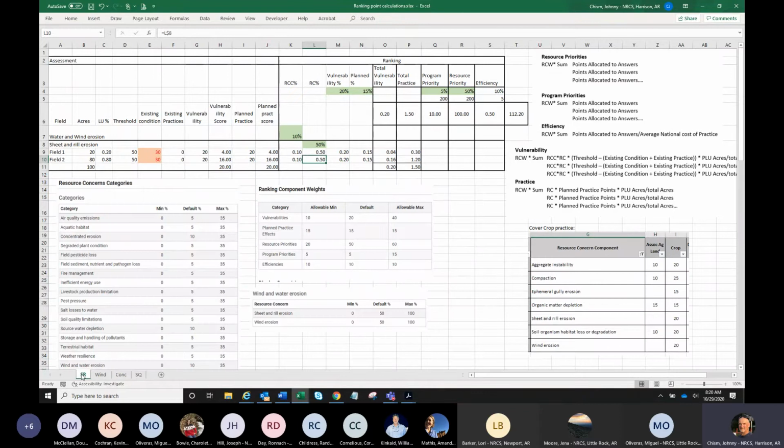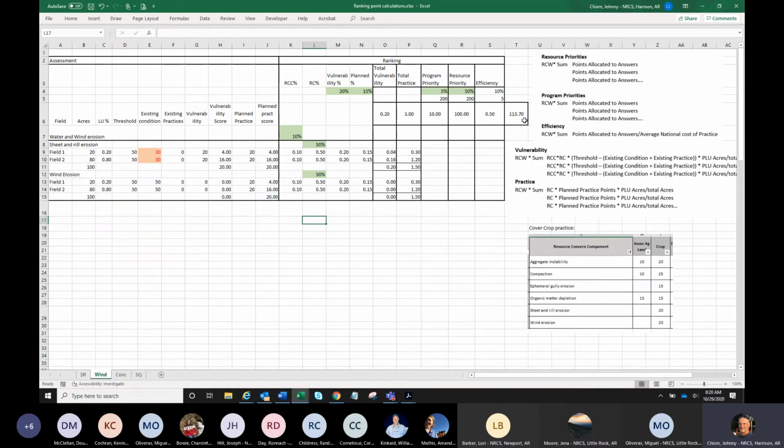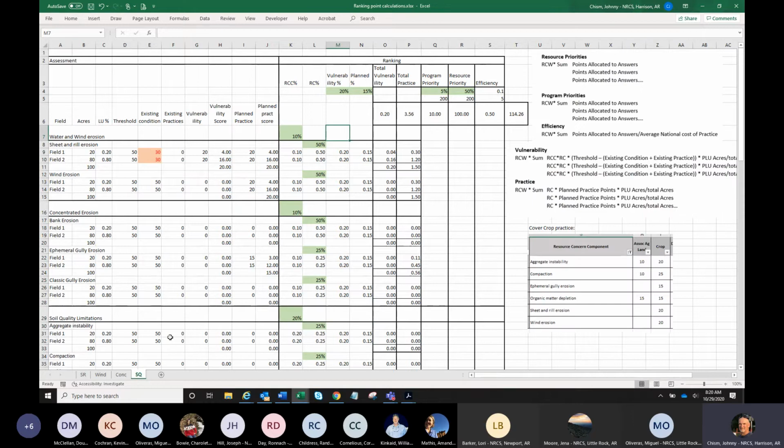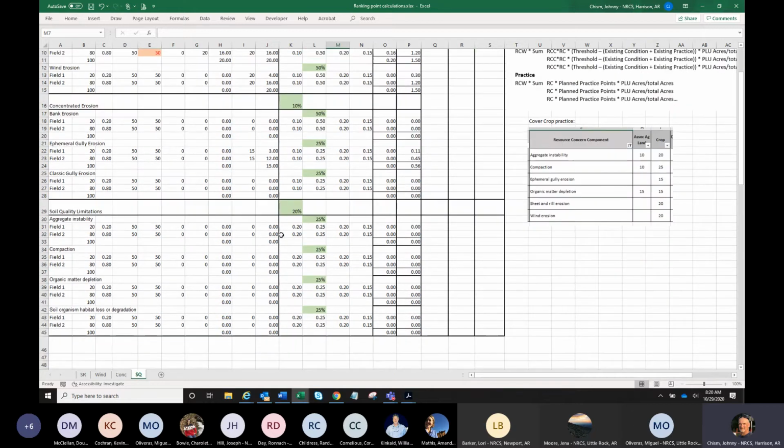So again, sheet and rill erosion only, 112.2. Wind erosion, 113.7. Concentrated erosion, 114.26. So if you continue to add more resource concerns that are being assessed, for example, the soil quality limitations, the aggregate stability, he gets 20 points for that cover crop practice.